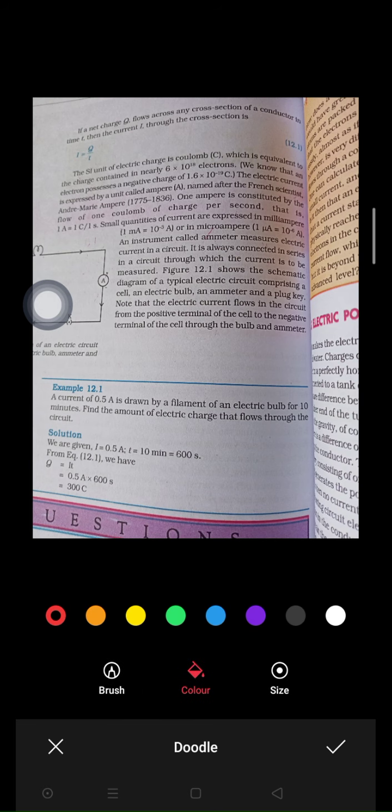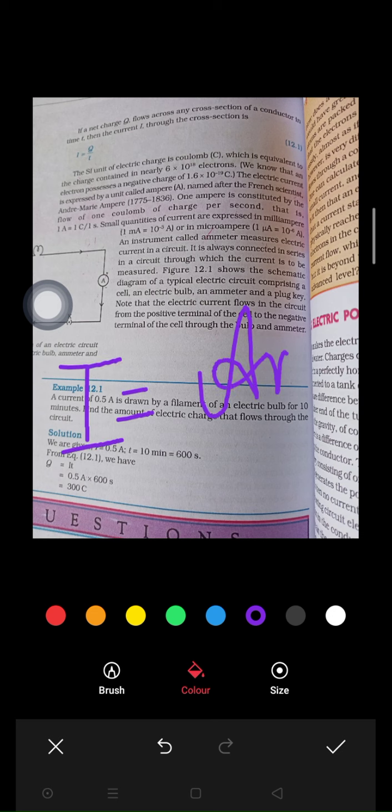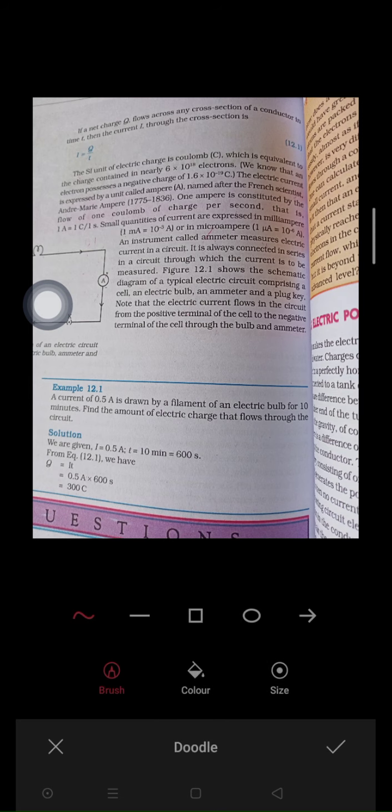The symbol is capital Q. And electric current is measured in ampere. Symbol is I. E is a vowel, A is also a vowel, so ampere. I is the symbol for electric current. Don't get confused.